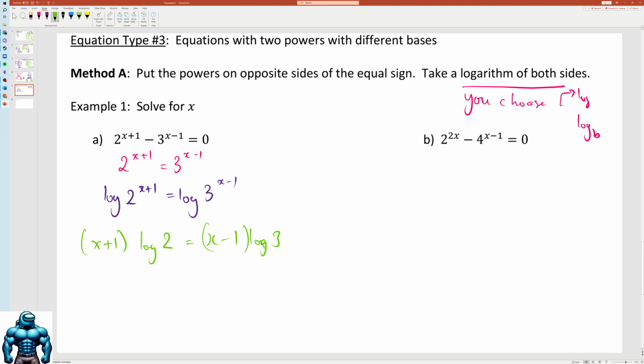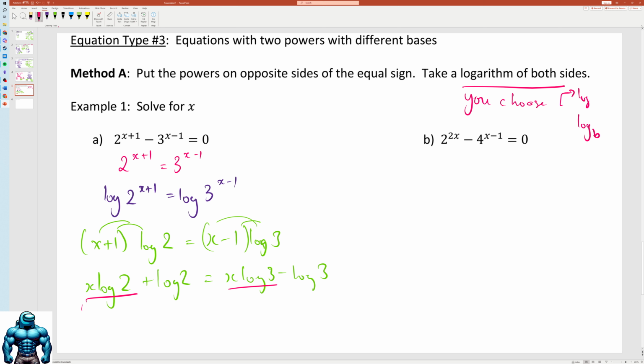Okay, let's do some distributive property here. We're going to get x log of 2 plus log of 2 is equal to x log of 3 minus log of 3. And we want to isolate for x. So let's collect all the x's onto one side. I'll bring them to the right side here.